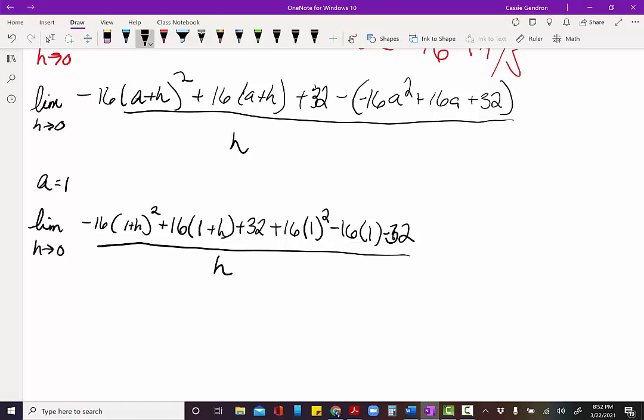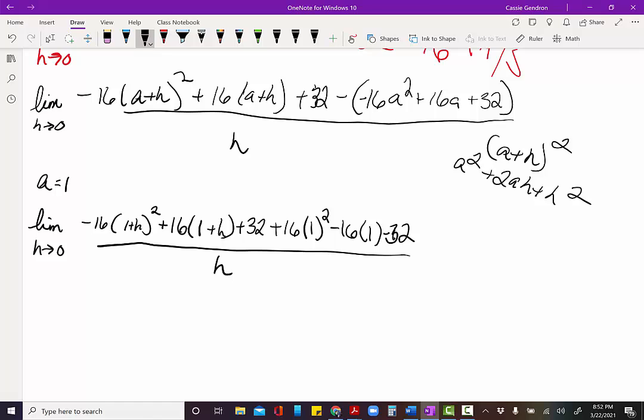Now again, this is going to be really helpful to you if you remember that (a plus h) squared is always going to be a squared plus 2ah plus h squared. I distributed that out.